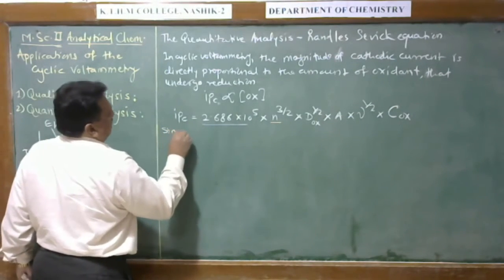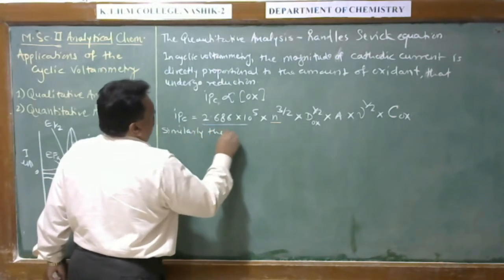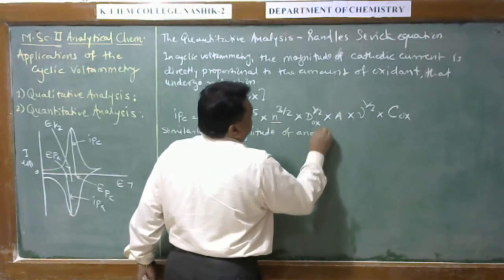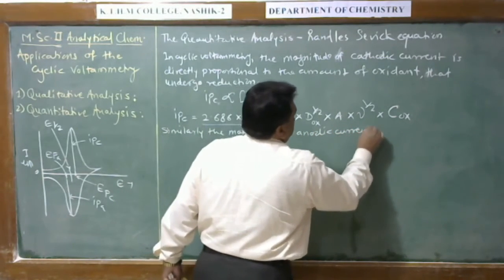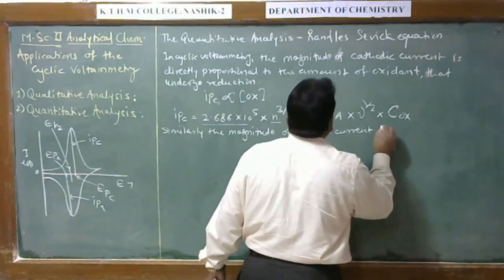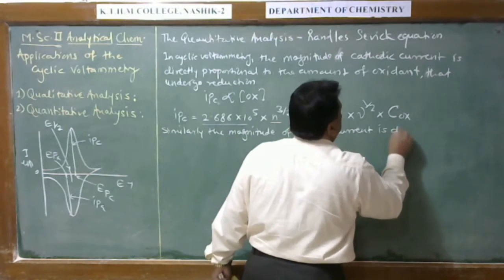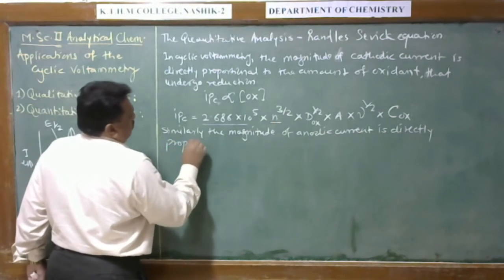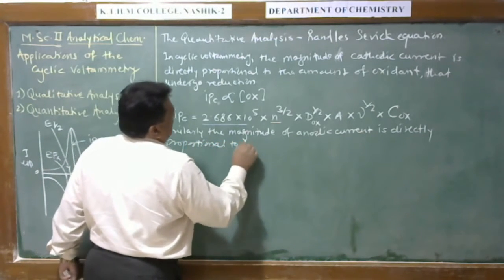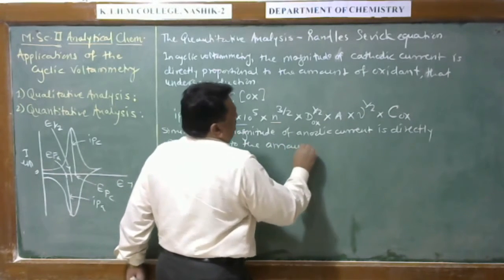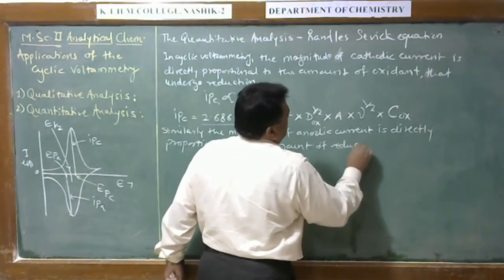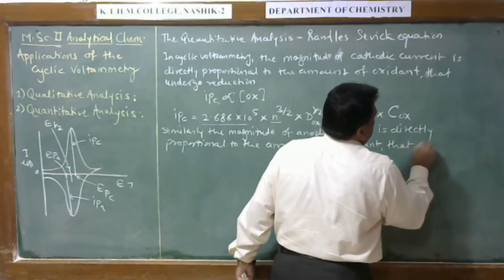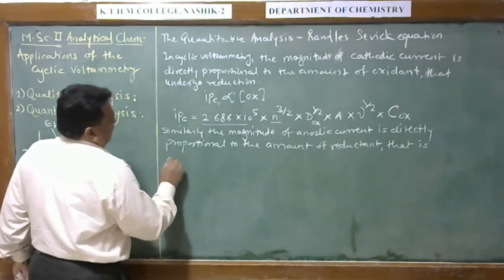Similarly, the magnitude of the anodic current obtained during the oxidation of the analyte is directly proportional to the amount of reductant that is oxidized.